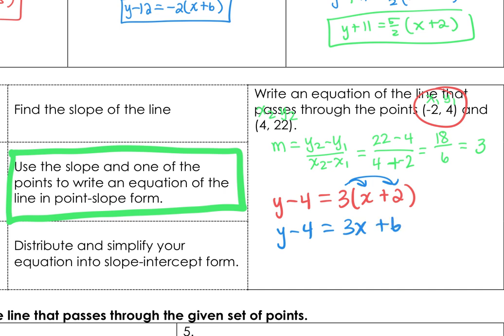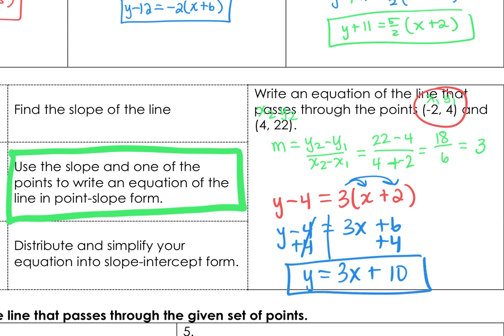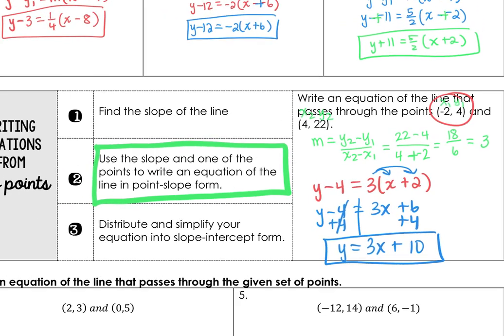Then all I have to do to get y by itself is add this 4. Which means y equals 3x plus, there you go. You've just written the equation of a line when all you know is 2 points.